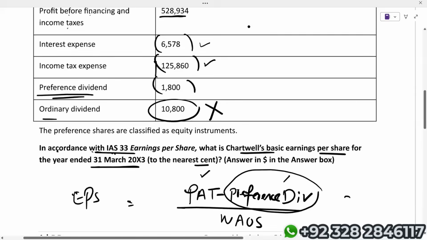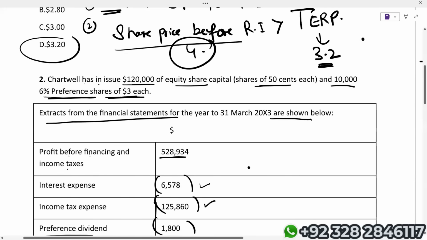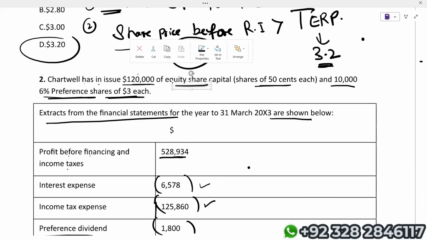Divided by number of shares. Nothing is mentioned, so the given shares are treated as weighted average ordinary shares, because the examiner has not given us any information that the company issued any number of shares during the year. It means they did not issue any ordinary shares during the year.